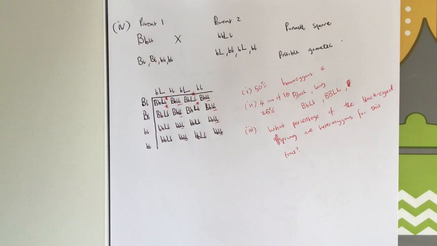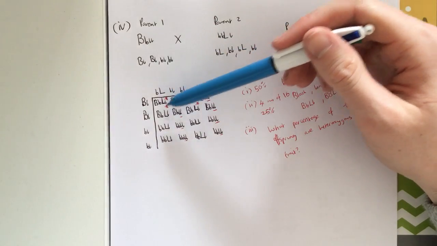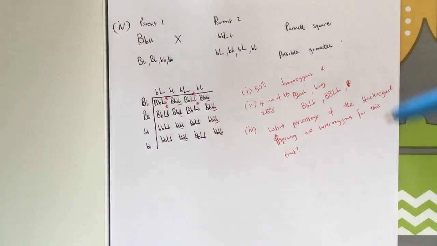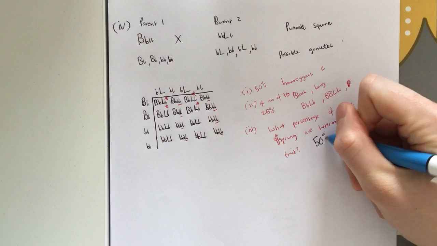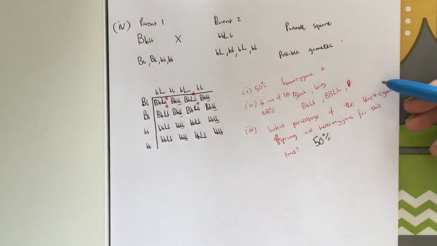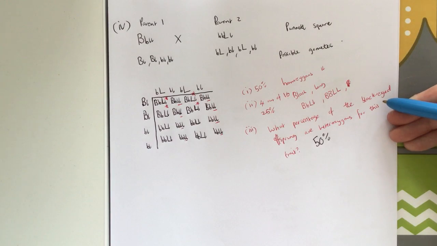So if we look at the black-eyed offspring here, we can see we have 1, 2, 3, 4, 5, 6, 7, 8. And this question, I don't think is very clear. The answer they're accepting is 50%. But what percentage of the black-eyed offspring are heterozygous for this trait?